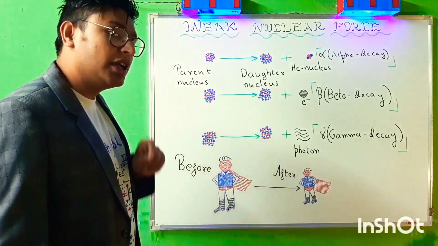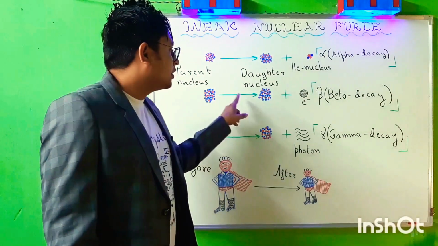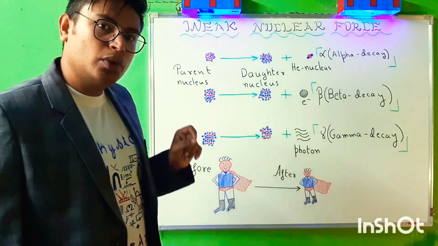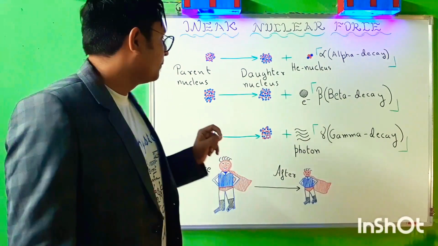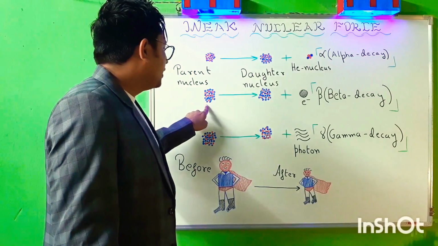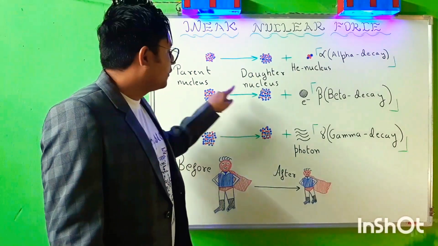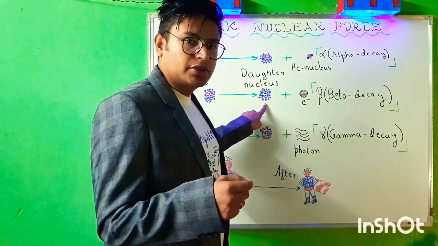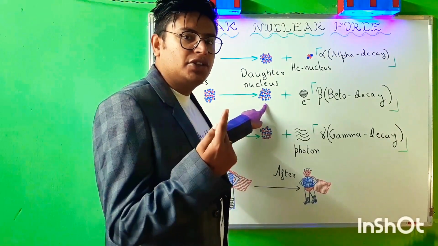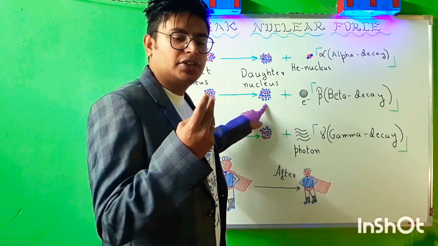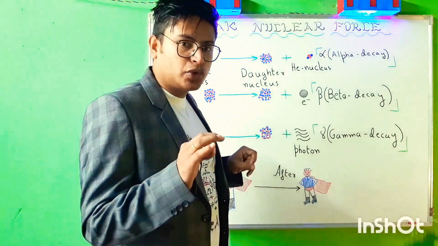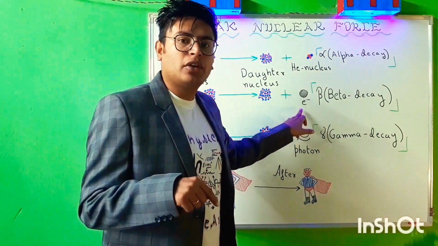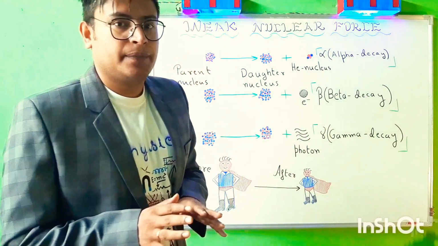Beta decay is the reaction which we are going to analyze more and more in detail. In beta decay, we have the parent nucleus, and after the decay there is a change in the parent nucleus. There is one change or two changes, that is the change of a proton into a neutron or a neutron into a proton, releasing an electron from the nucleus.